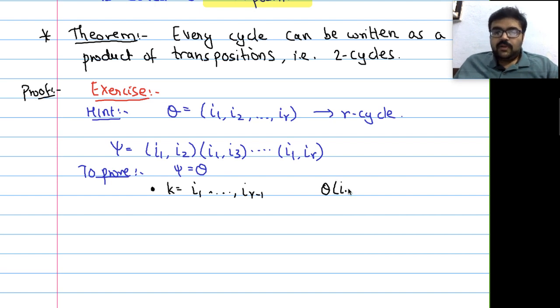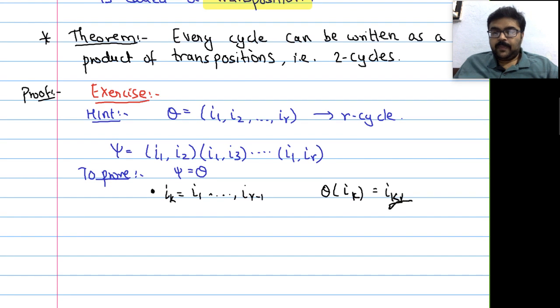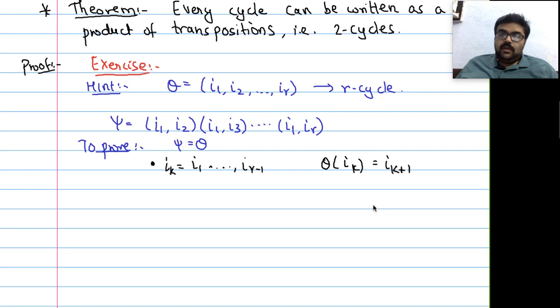If I take ik equal to one of these, then what is theta of ik? It is going to be the next one, i(k+1).